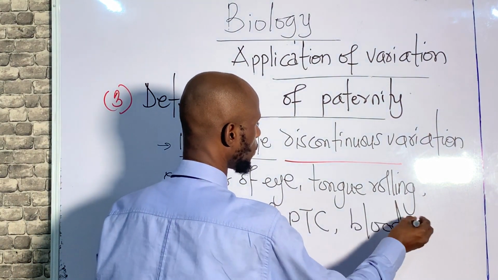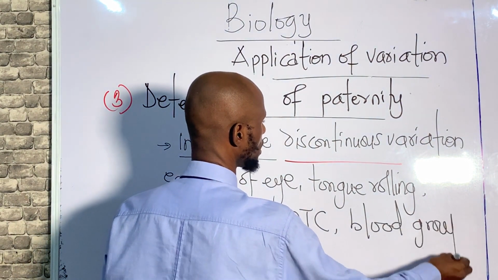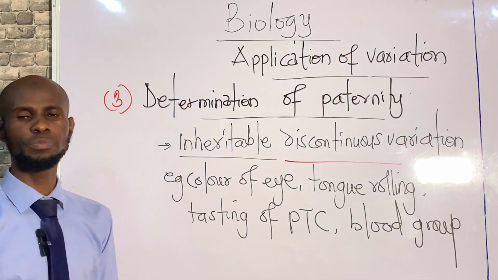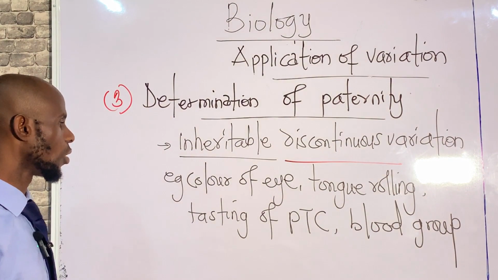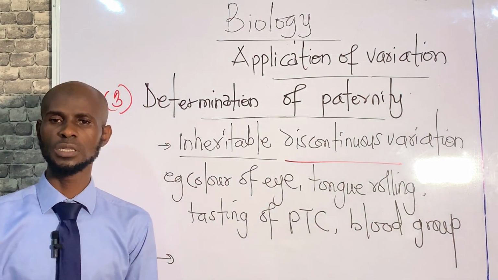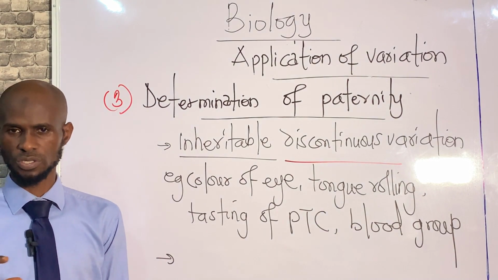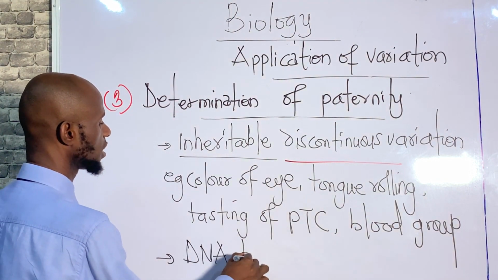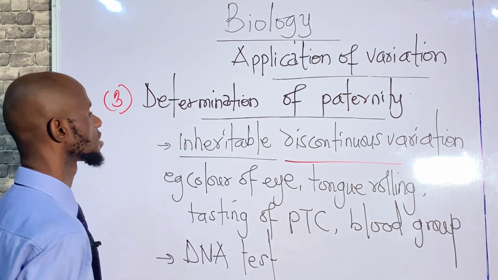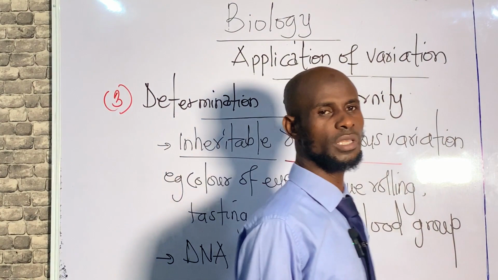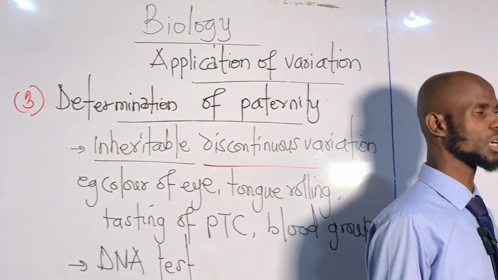And your blood group can either be A or B or AB or blood group O. However, the best form of determining the father of the child is using the DNA test.